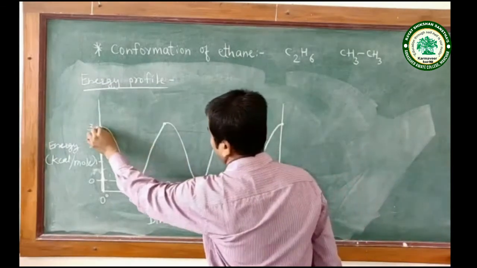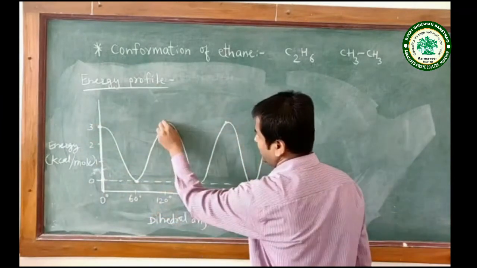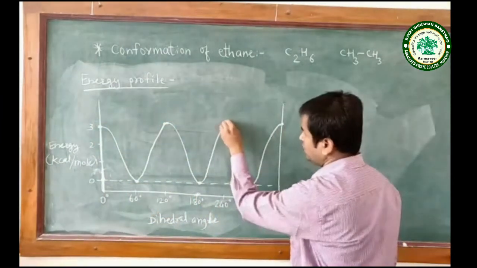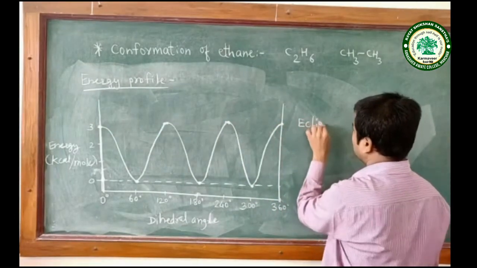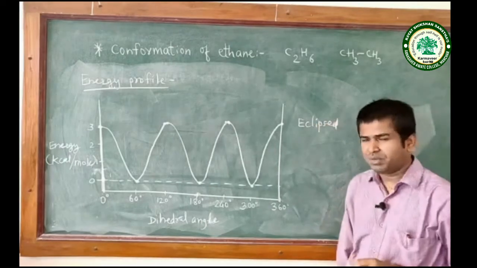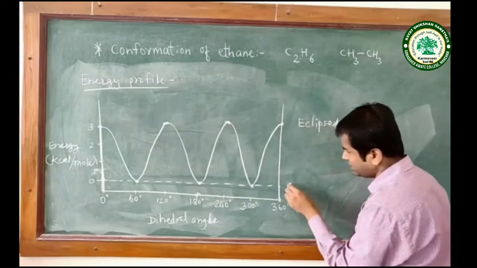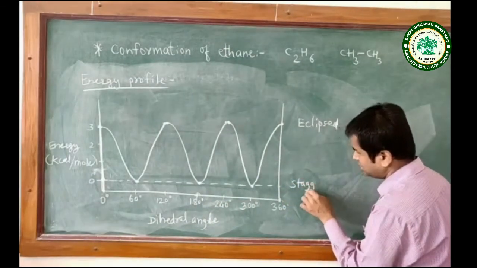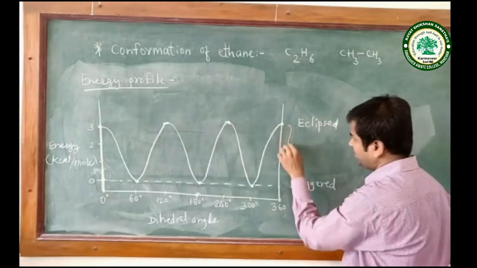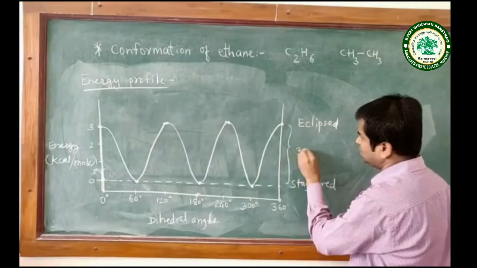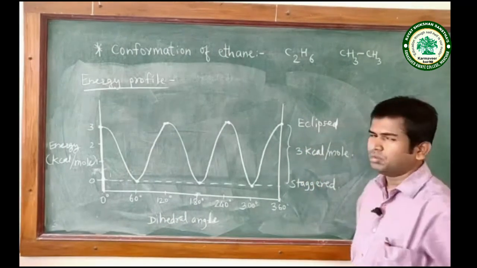So the conformations at 0 degree, 120 degree, 240 degree and 360 degree are eclipse conformation, and the conformations at 60 degree, 180 degree and 300 degree are staggered conformation, and the energy difference between these two is 3 kilocalorie per mole.